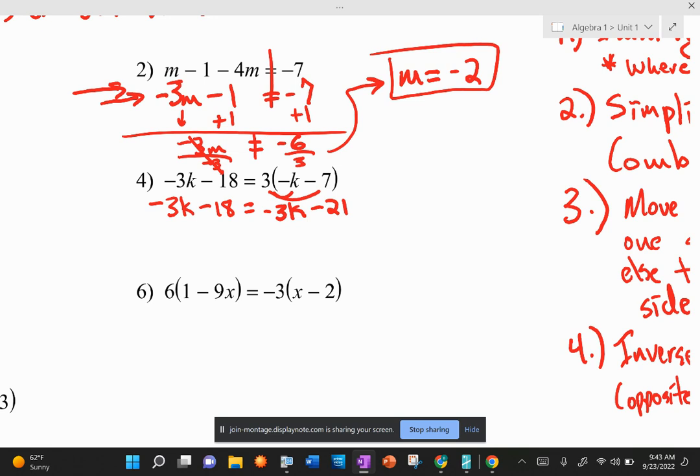If you distributed incorrectly, it doesn't look like that. You need to go back and see what part you messed up on. It's not just about, oh, you did it wrong, we'll try the next one. You need to look at the one that you did wrong and analyze it, dig a little deeper. Was it the negative on the k that you messed up on? Was it the negative on the 7? Did we multiply wrong? We really need to break down what we did.